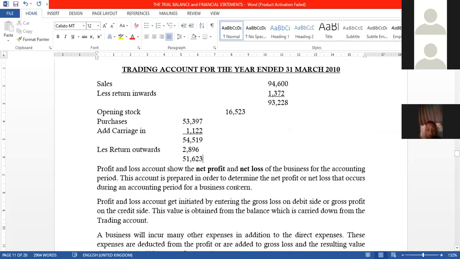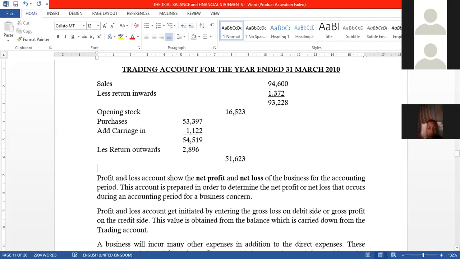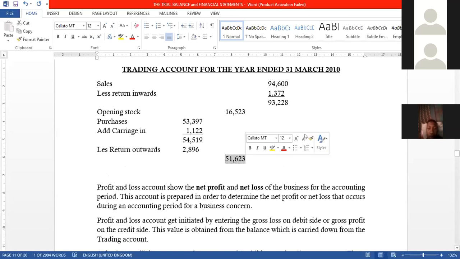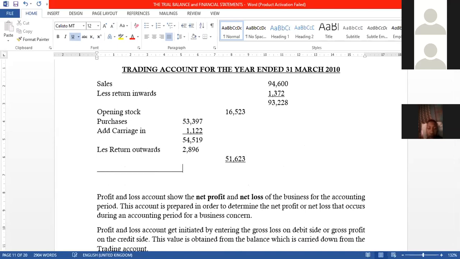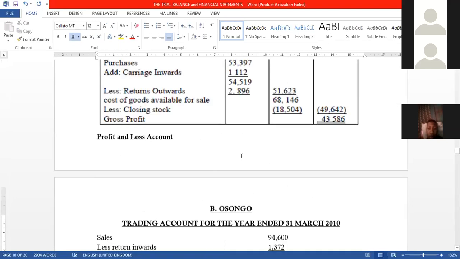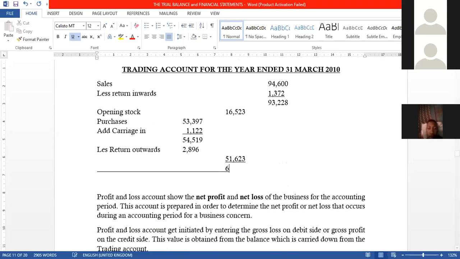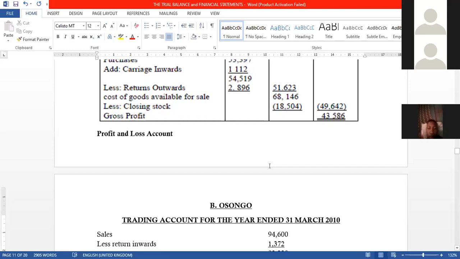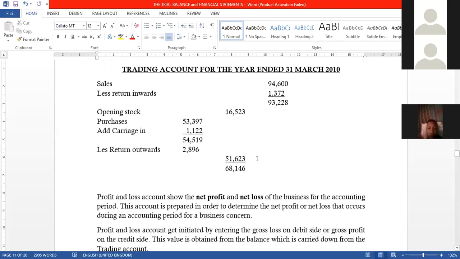Which when we add opening stock and this, what do we get? We should be able to get plus 16,523, 68,146. From there, we say we less closing stock, right?